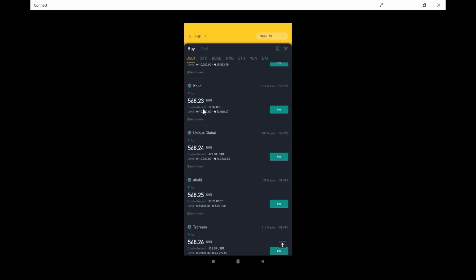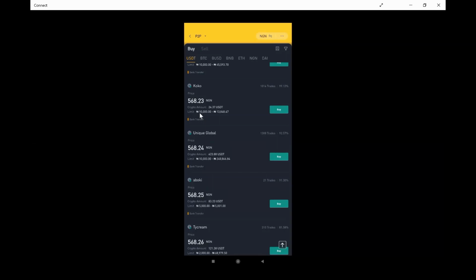Now, supposing it is within our range. And what is our range? Let's say we want to buy $10 worth of USDT. Now how much USDT does Coco have? Remember, crypto amount 24. So that's more than what we need. So we can stick.